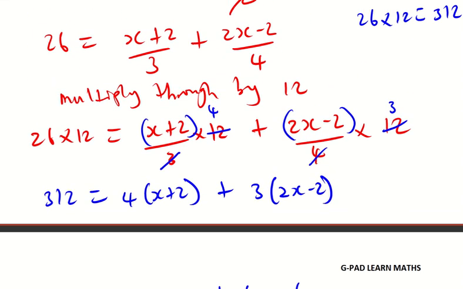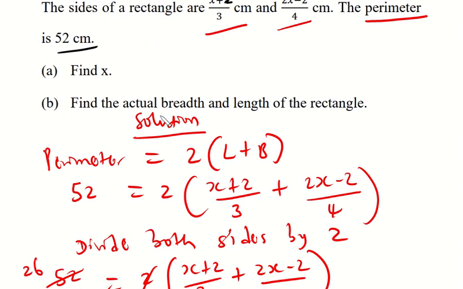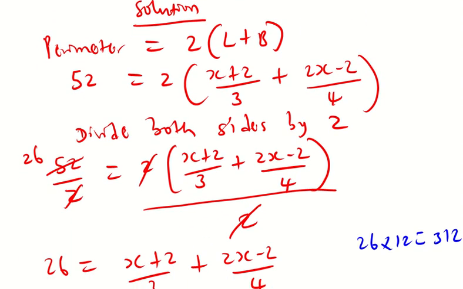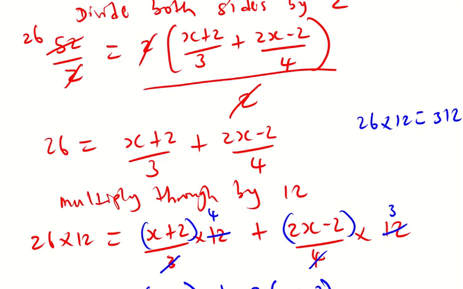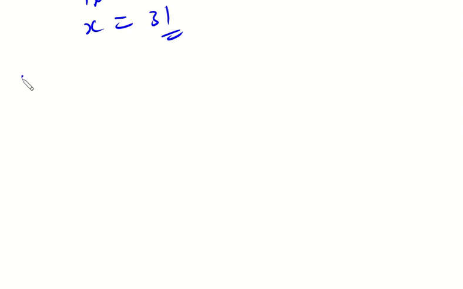Let's now answer the next question. We found x, so find the actual breadth and length of the rectangle. Now, the B part.